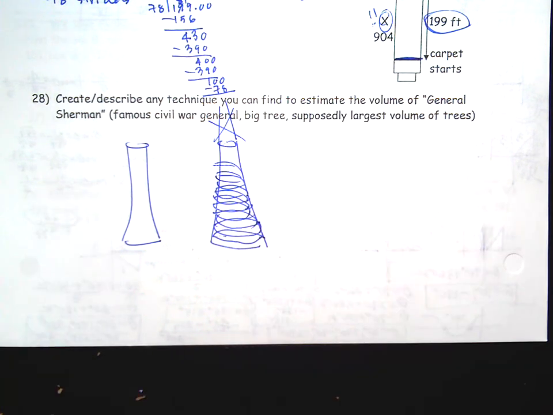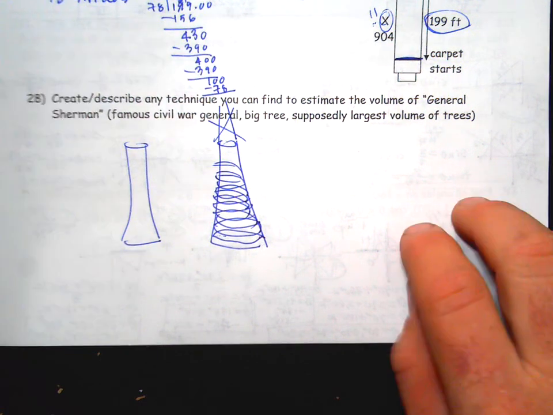But this is a topic we're going to figure out how to do second semester. We're going to actually estimate volumes of three-dimensional objects, really weird ones. And a tree trunk is kind of a simple one. But anyways, just something to get your mind thinking. Okay, that's it.